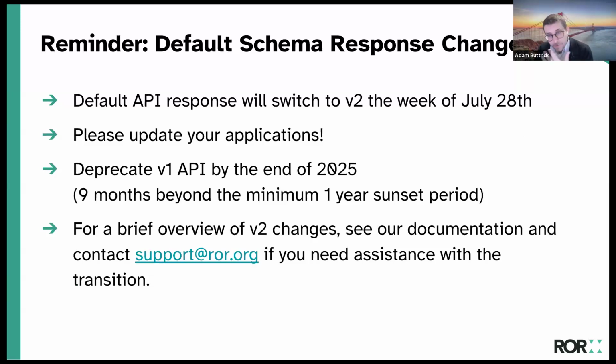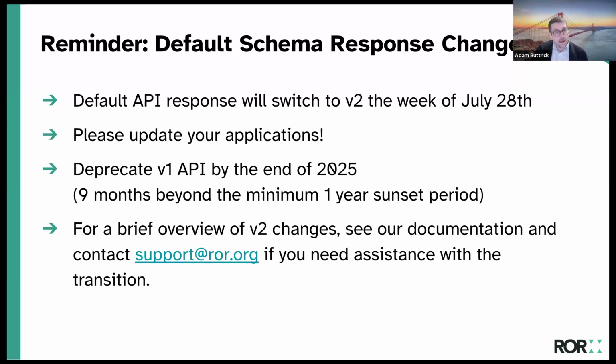Okay, so hopefully you take away lots of great things from the call today, especially from our wonderful presenters. But if you want to take away one top line item from us, it's a reminder that beginning the week of July 28th, we will be switching the default schema version in our API to use schema version 2. This change could be a breaking change for any applications that expect a V1 schema API response without explicitly requesting that schema version in their request.